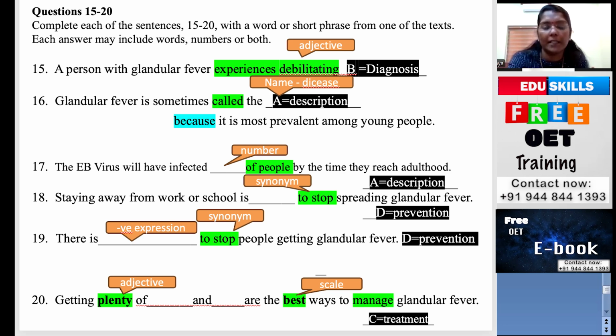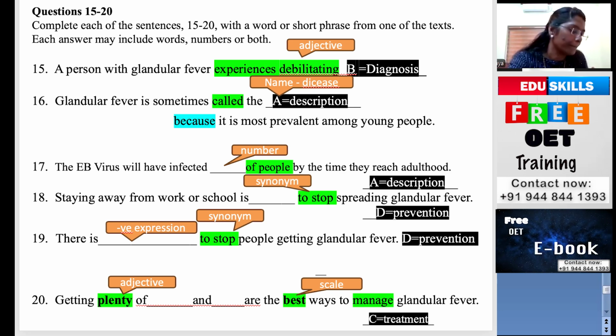Instead of stop, we can see to prevent. What is the answer? Our answer is not necessary. Not necessary. You have to check whether your spelling is correct or not. If it is not correct, you have to correct it.